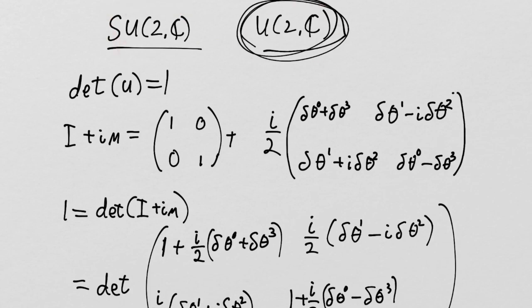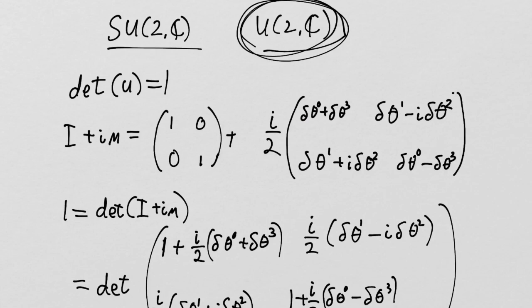So what you're basically doing is you choose parameter 1, parameter 2, parameter 3, and then you do whatever you need to do to parameter 0 in order to get the determinant to be 1, right? So you lose a dimension, you lose a parameter, because this parameter can be determined in terms of the other parameters.